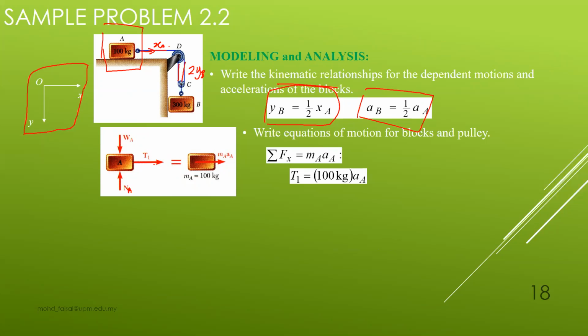So the summation of forces equals MA times small a with subscript A, then T1 is equal to 100 times aA.